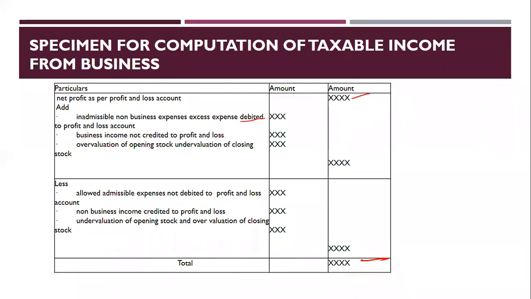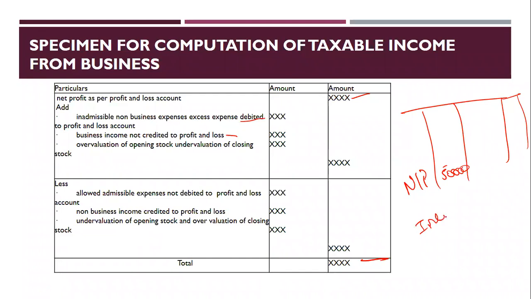Okay. And next is business income not credited to profit and loss account. Any business income not credited, because of this treatment, my profit and loss account profits are shown at a lesser amount. For example, this is your profit and loss account. In this you will get a net profit of rupees 50,000. But you have an income from business of rupees 20,000 which they have not credited in the P&L account.